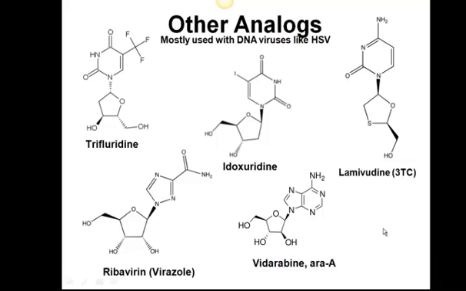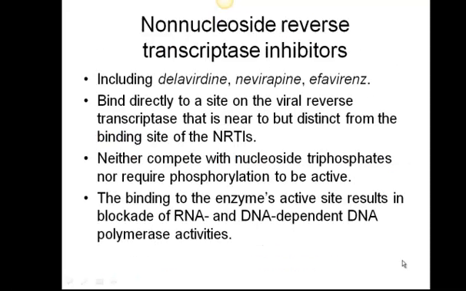And then there's some other analogs that are also used for treatment of viral infections against either the reverse transcriptase or the DNA polymerase. So there's also some non-nucleoside reverse transcriptase inhibitors, and these include things like delavirdine, nevirapine, and efavirenz. And so these guys are binding directly to the reverse transcriptase enzyme, and they're actually inhibiting it.